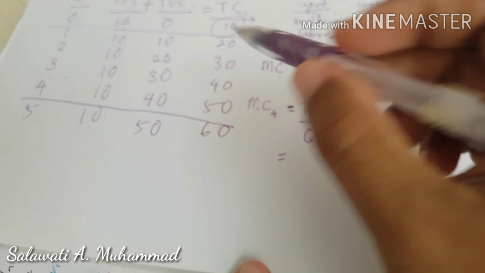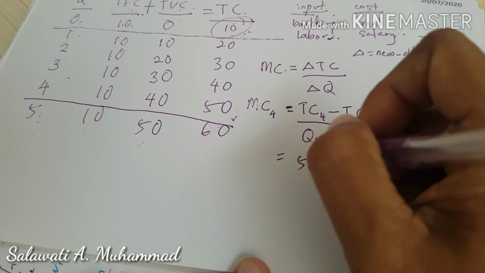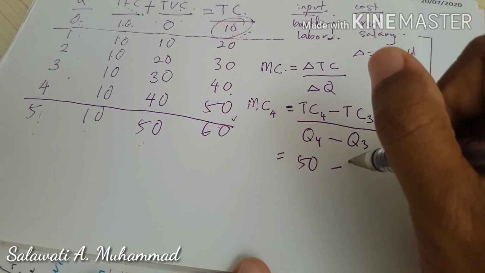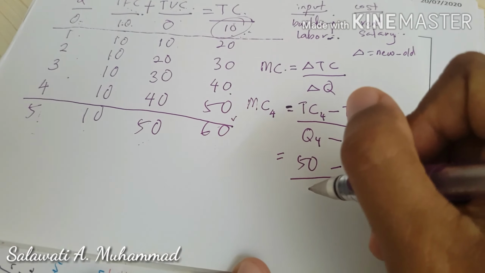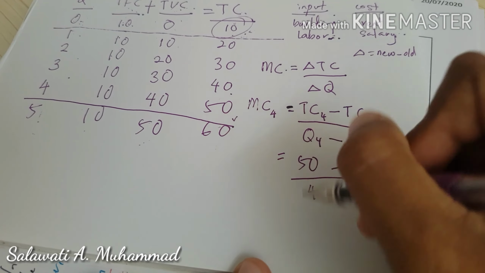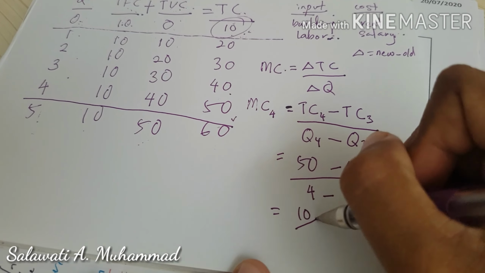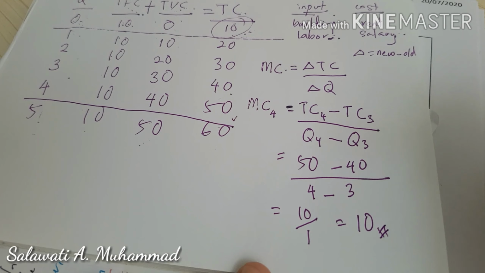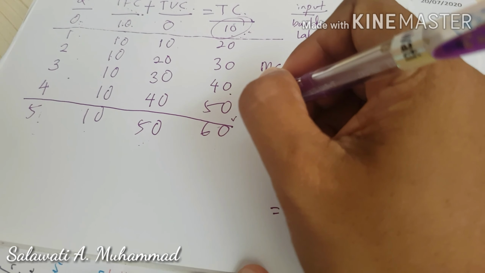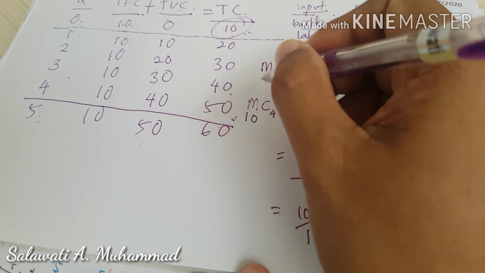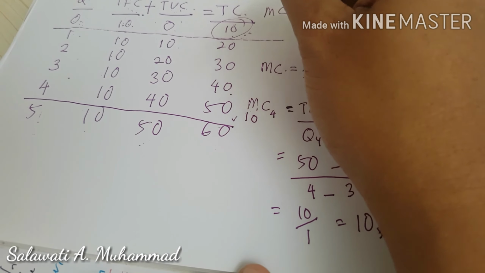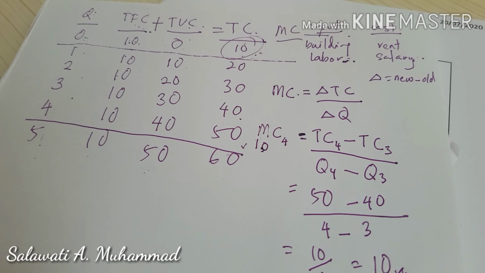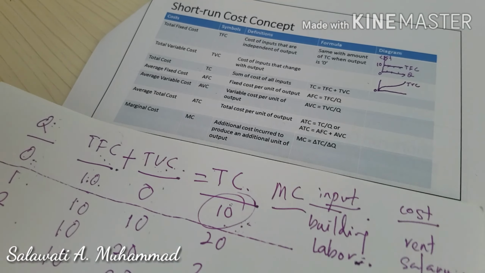Total cost at 4 is 50, minus total cost at output 3, which is 40. Quantity 4 minus quantity 3 is 1. So it's 10 over 1, it's 10. So here we put 10. If we have a column for marginal cost, then we know marginal cost here is 10. That's the calculation of marginal cost.